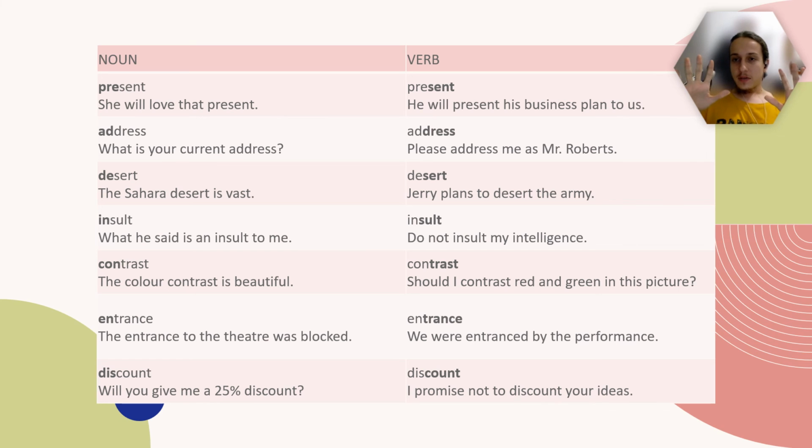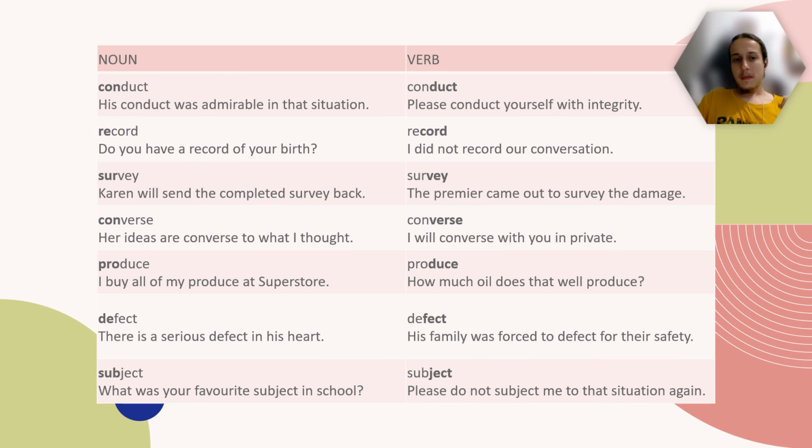You can pause the video here and I will continue with more examples. Here you have some more examples to practice. Pause the video if you need to read them in detail. And I will show you in the next slide even more examples.